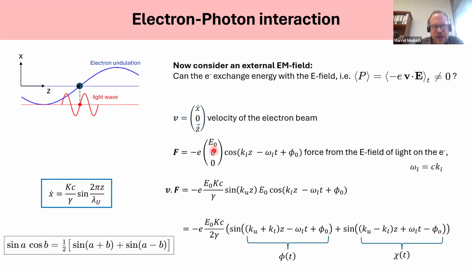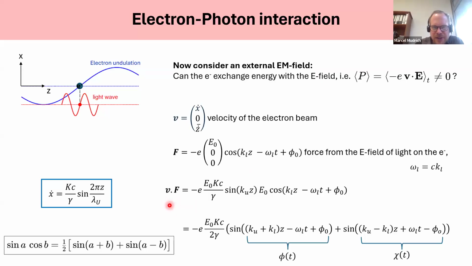So we choose the electric field to point in the x direction times some cosine of kz, where k is now the wave number of the light field, minus the frequency of the light field times t, and there can be some arbitrary phase of this electric field with respect to the undulation motion of the electrons. So that's our starting point.